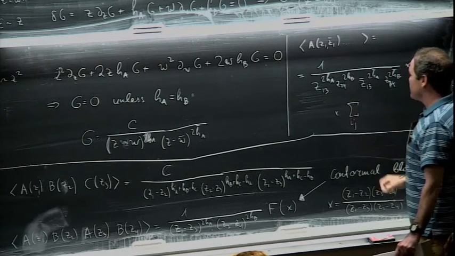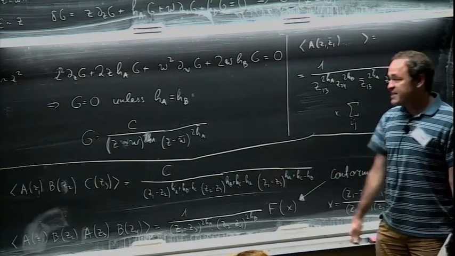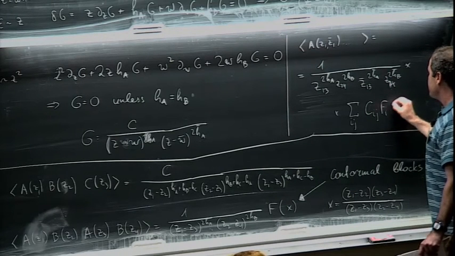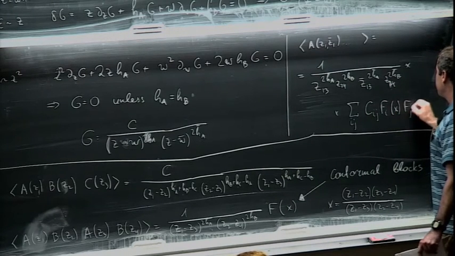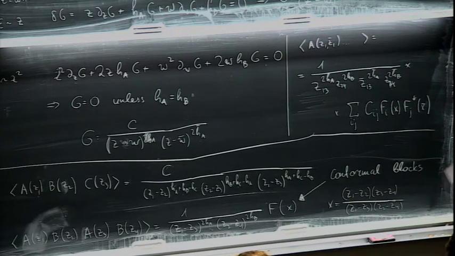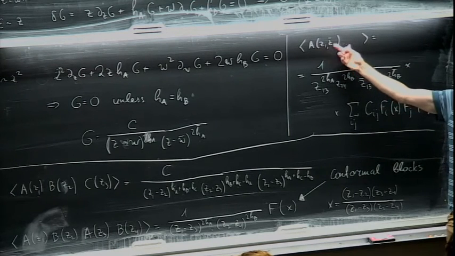So usually, as we discover, there are many different conformal blocks which correspond to the same correlation function. And generally, you have to take some kind of combination of these. Fi of x times fj star of x bar, let's say. And so that's the form of the general correlation function, which depends not just on some complex coordinates, but on actual positions in 2 dimensions, where the position is denoted by z and z bar.